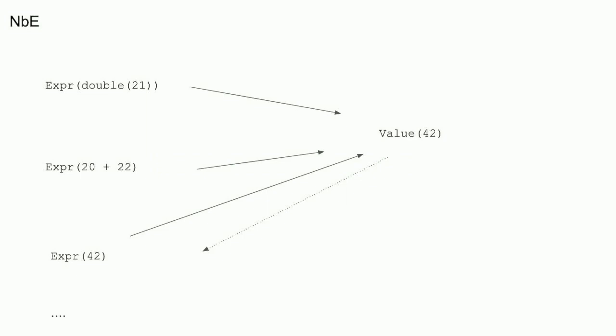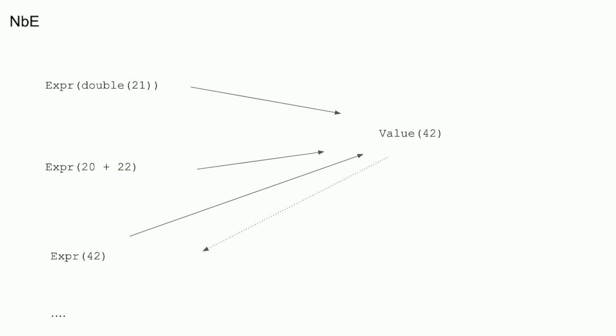The idea of normalization by evaluation, I'll go over it very quickly because probably everyone knows it. If you have different ways of writing expressions, like double applied on 21 and any other way, they will be reduced to another domain, maybe a value called 42. Then you read this 42 back, so you now map many different expressions to one unique expression.